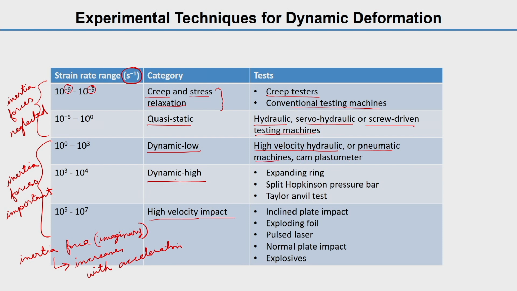And then for dynamic tests we have the expanding ring, split Hopkinson pressure bar and Taylor anvil test. Then for very high velocity impacts, inclined plate impact, normal plate impact, exploding foil, pulse laser, and some explosive tests. But basically for our dynamic tests, the split Hopkinson pressure bar is very important for us. This is the standard technique to obtain stress strain curves in the dynamic range.